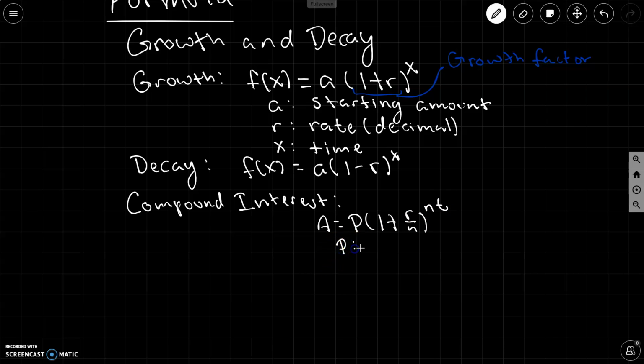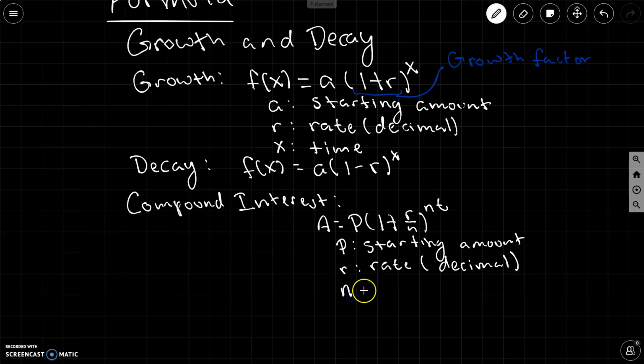P is the starting amount. It means principal, which is a fancy word for starting amount. R is the same thing: the rate in decimal form. Or the percentage you want to say, but it needs to be in decimal form.